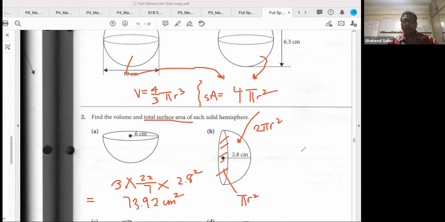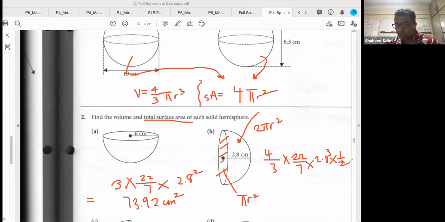You got the volume. For volume, take this formula, 4/3 times pi r cubed, and then you have to halve it. Pi is 22/7 times r, which is 2.8, cubed. Then you times by half again. Why times by half? You want half only.